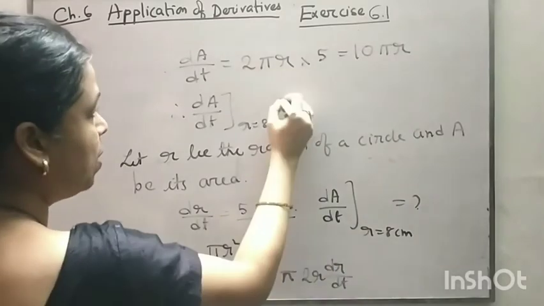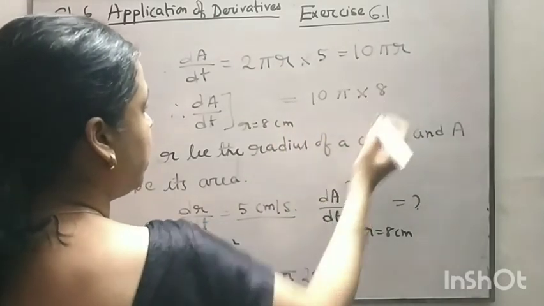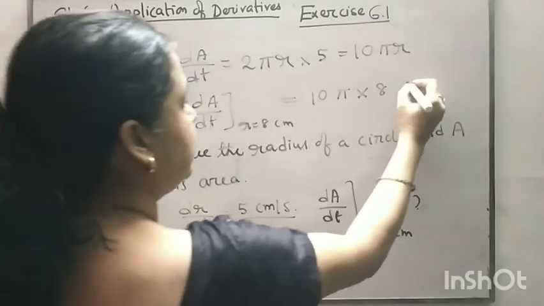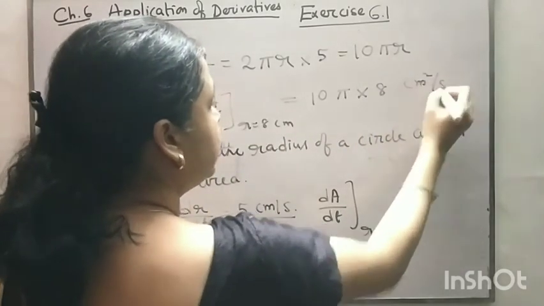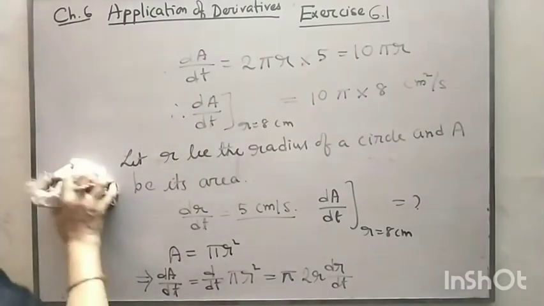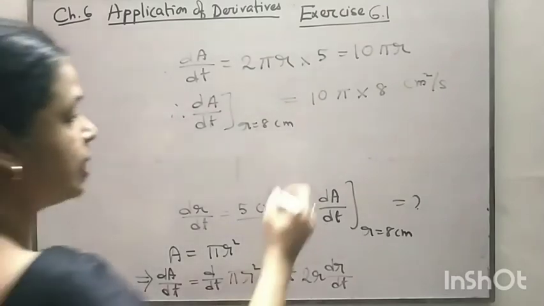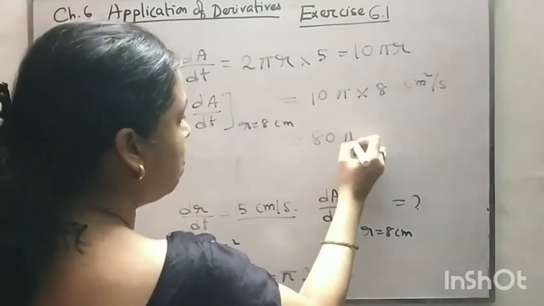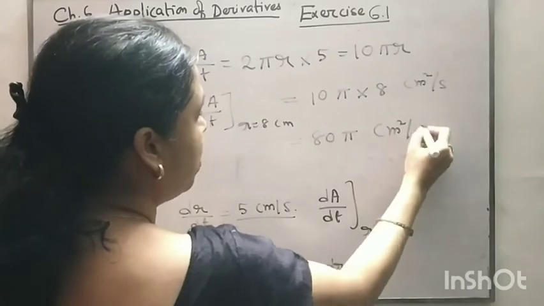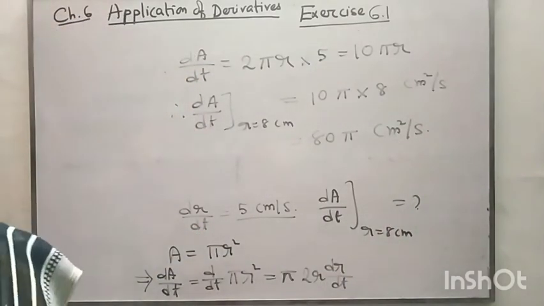So this is 10 pi, you put r equal to 8. And what is the unit? Area is changing, that means centimeter square per second. So your answer is 80 pi centimeter square per second. So this is the solution of question number 5.